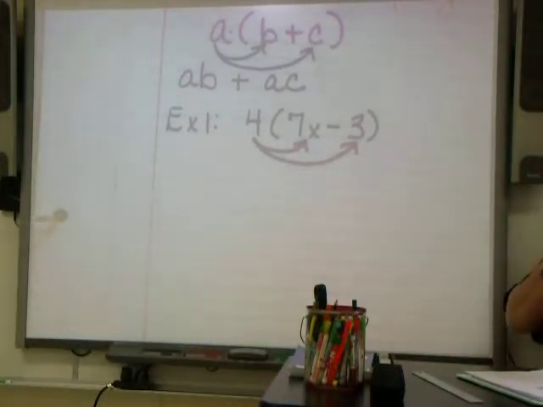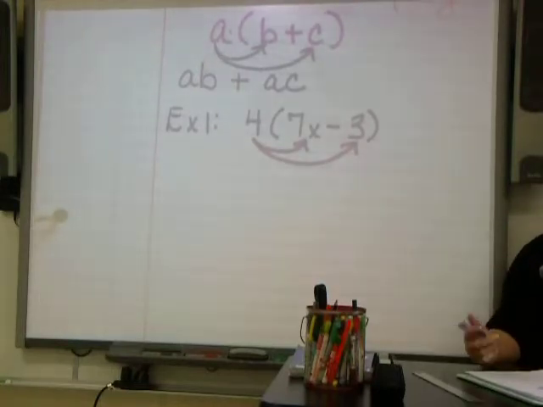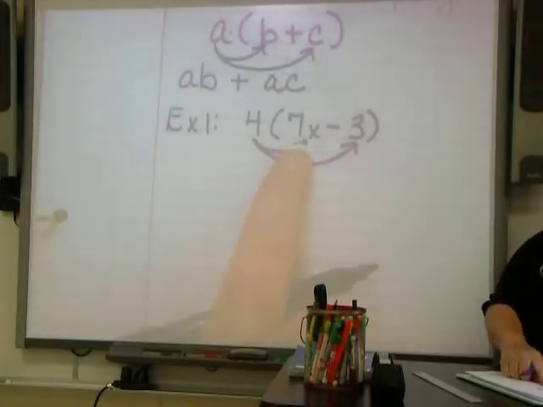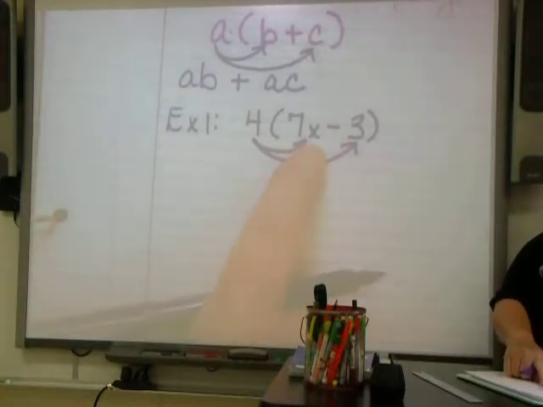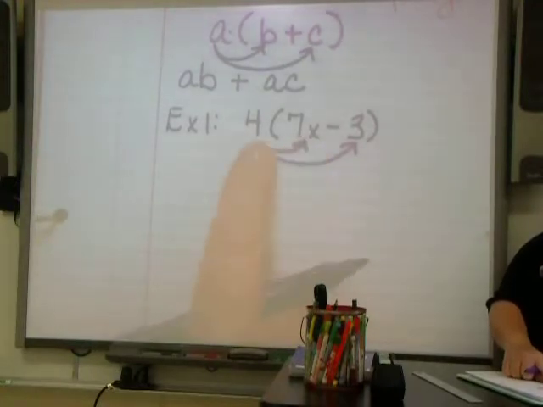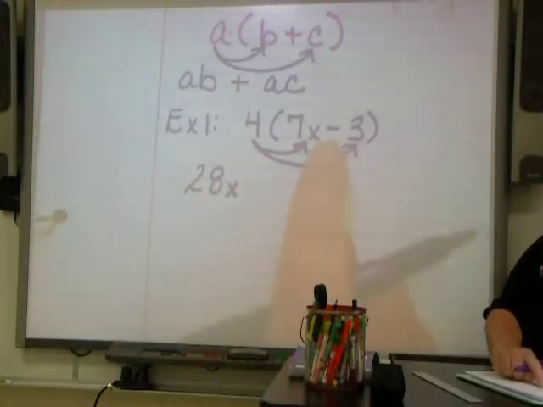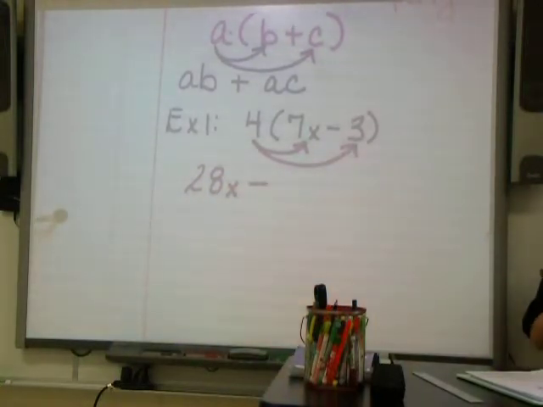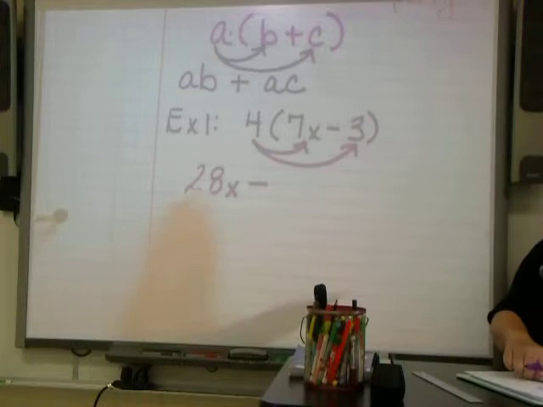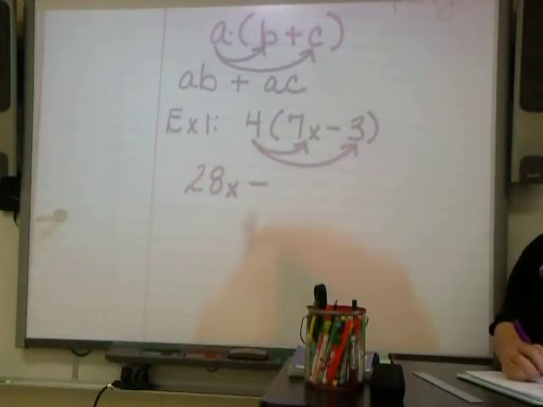We're going to distribute the 4. So what is 4 times 7? 28 x's, because that's 7x. If we have 7 x's 4 times, we have 28 x's. We're going to drop the subtraction sign. And now what is 4 times 3? 12.